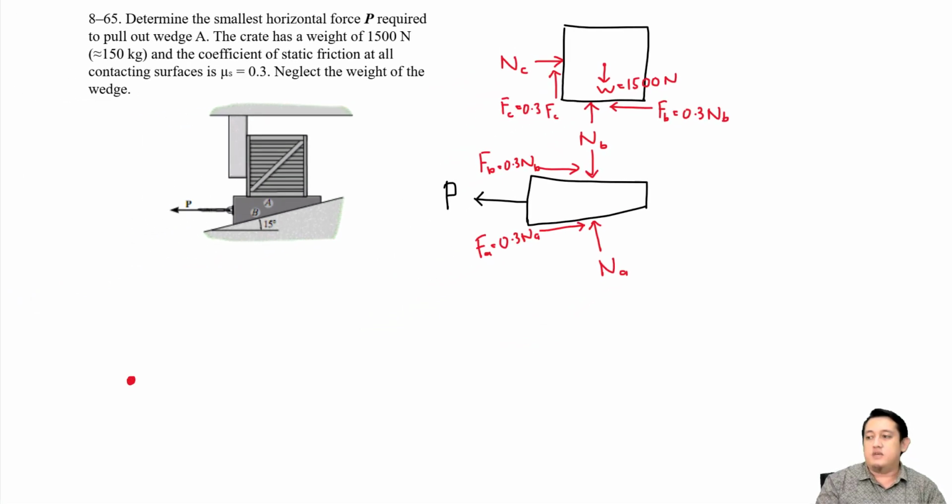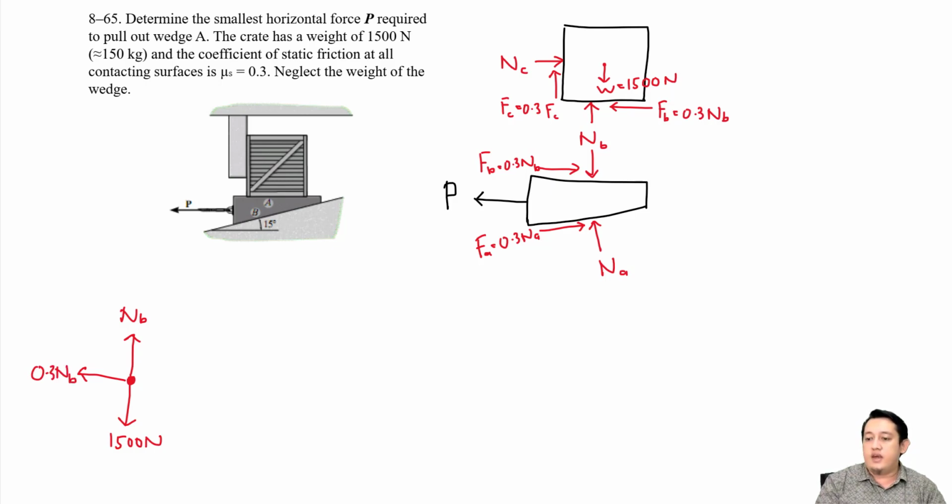For example, we have NB in this direction, and then the weight, 1,500 Newton. Then we have FB, which is 0.3 NB, in this direction.